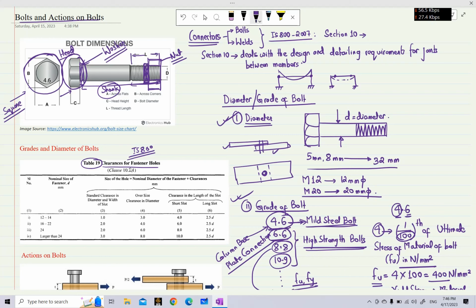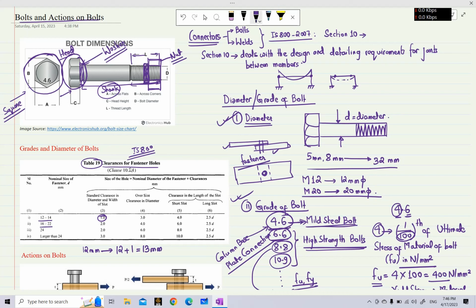This depends on the diameter of the fastener, or let us say the diameter of the bolt. So what this table gives us is, if the diameter of our bolts ranges between 12 to 14 mm, the standard clearance is taken as 1 mm. That means, for example, if we have a 12 mm dia bolt, the size of the hole for this 12 mm dia bolt will be 12 plus 1, that is 13 mm.